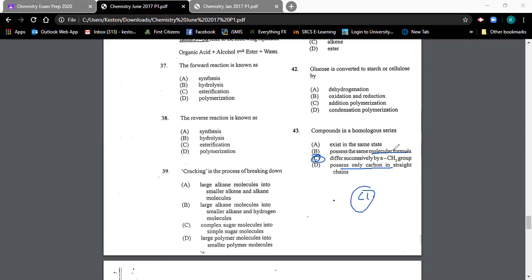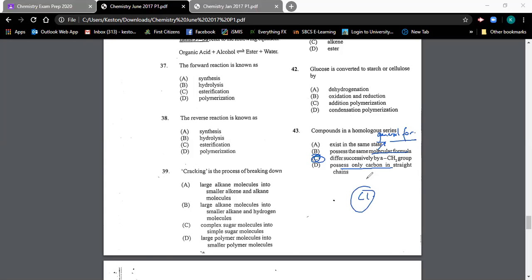They don't possess the same molecular formula. What they possess is the same general formula. Everybody all right with that? Yeah, the empirical formula is different, I know that for a fact. Same functional group, same general formula.